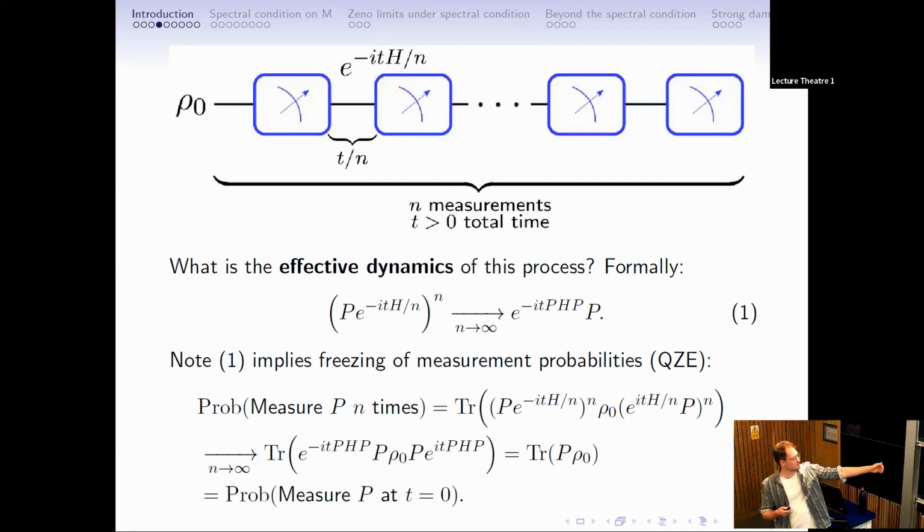Because the Zeno dynamics itself is unitary, it just cancels out. We obtain that this probability converges to the probability of finding P in the initial state at time 0. So again, we have a frozen measurement probability, and the dynamics didn't take us out of the Zeno subspace, let's say.